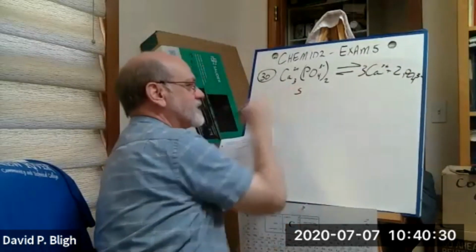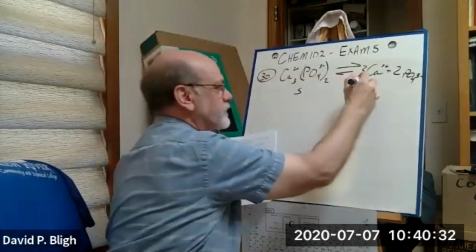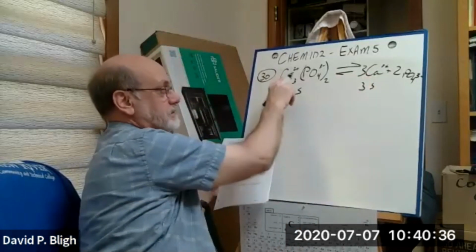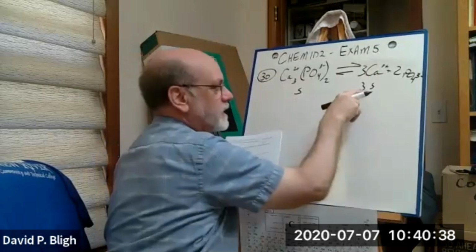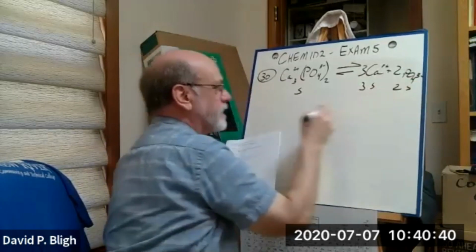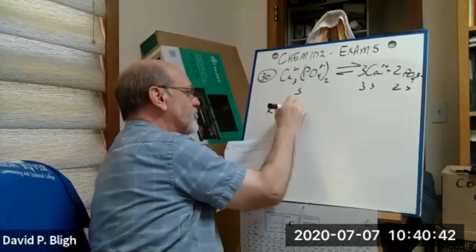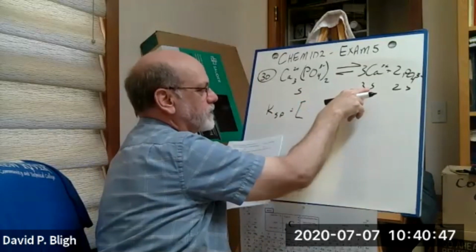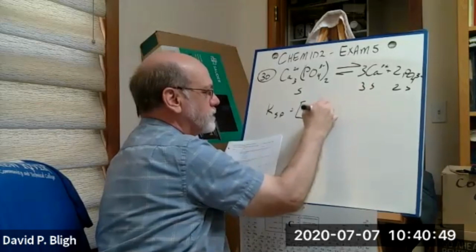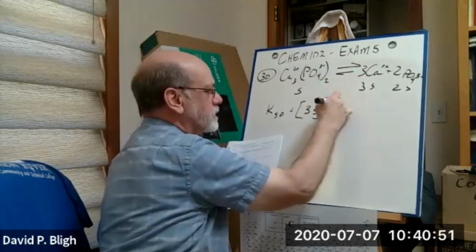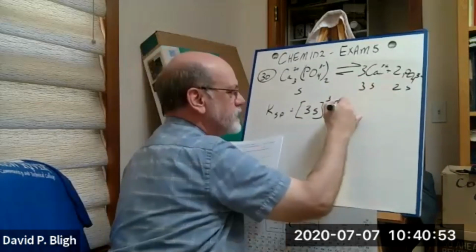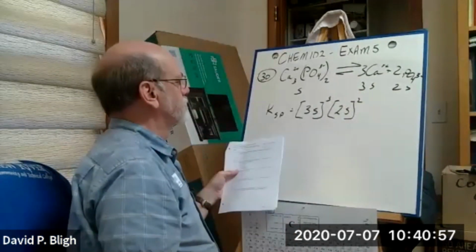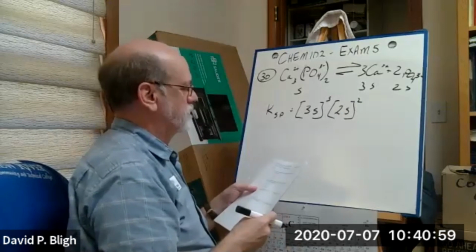Now, if this is S, how many of these are produced? 3 S's, right? Solubility comes from this side. 3 S's here and 2 S's there. So now the KSP is 3 of these S's cubed and 2 of these S's squared, right?